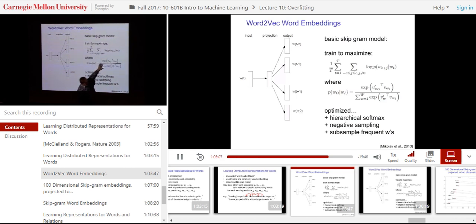So this might be a sum over 50,000 words. It's a little bit of an efficiency hit. But that's it. It's basically a simple two-layer network. There are some efficiency issues.